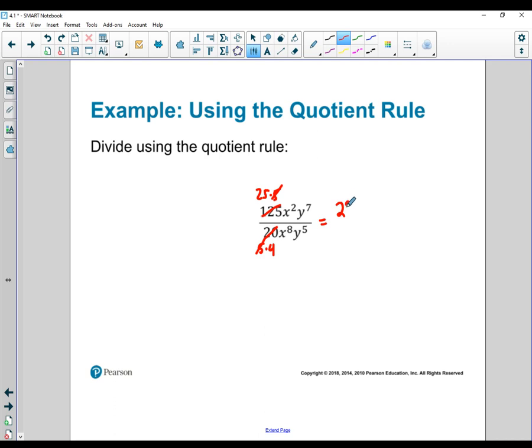We really just reduced the fraction, right? That's all we're doing with those. 2 x's in the top, 8 x's in the bottom. 2 x's are going to cancel with 2 x's there. So in the bottom, we're going to be left with 6 x's. And then 5 y's in the bottom are going to cancel with 5 y's in the top and leave 2. So y squared. And so we're left with 25 y squared all over x to the 6th.